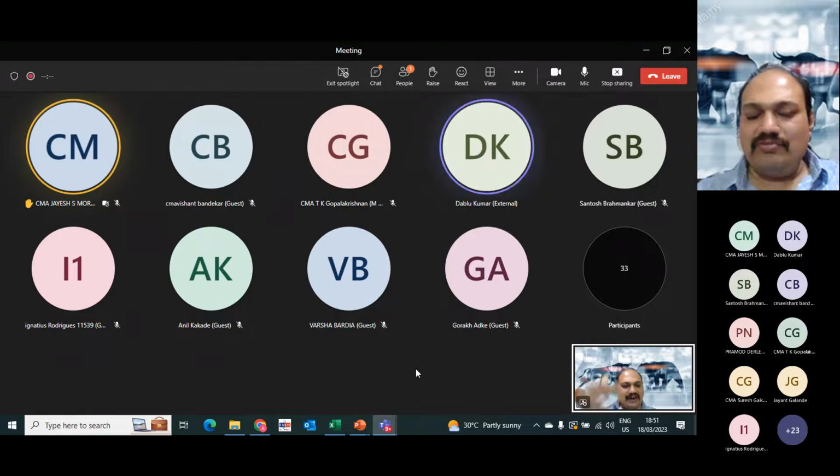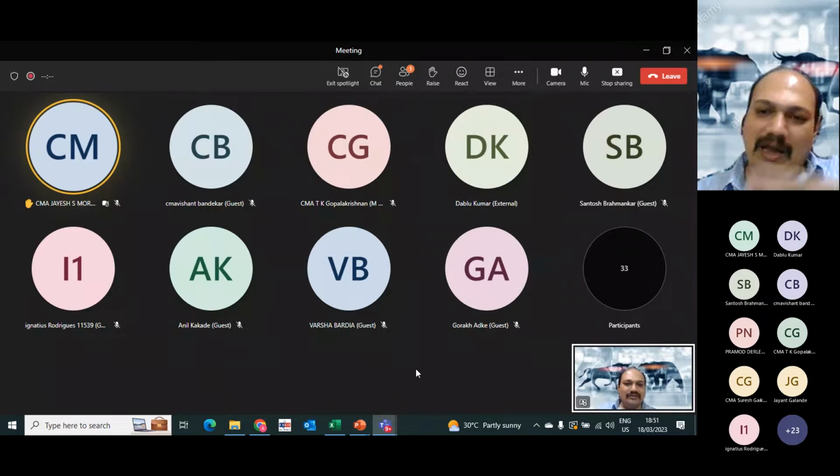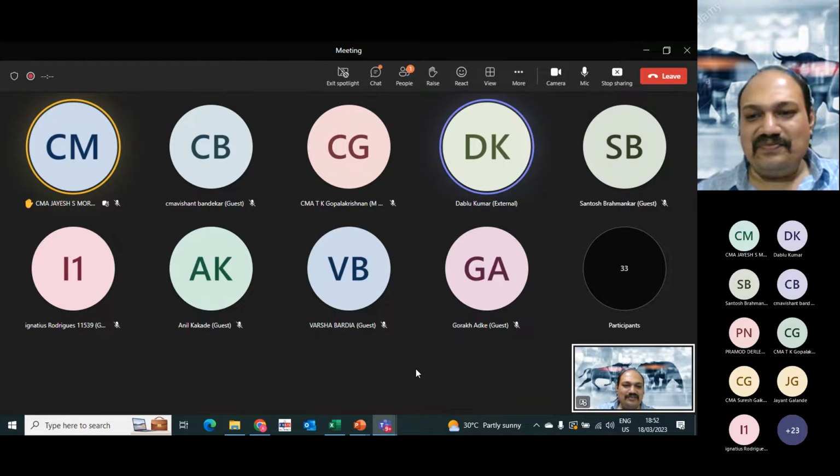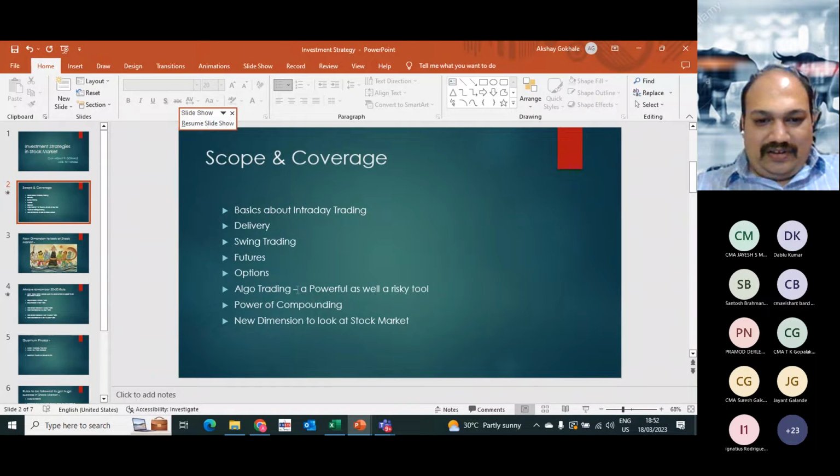So just apply the midpoint strategy on your investment. Just invest rupees 1,000 per month and see the magic. After 5 years, you will come to know. Is it clear? Yes, sir. So this is the power of compounding.